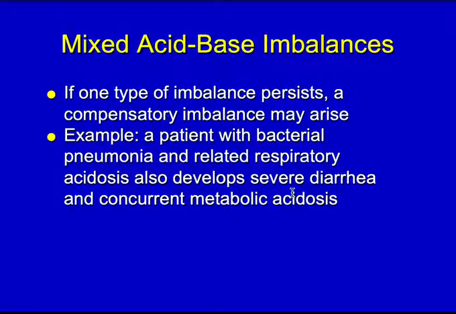Because if the CO2 is high, that means there's a lot of toxin on the CO2 side, the respiratory side. So we're thinking about respiratory. If it's too high, it's an acid. Respiratory CO2, we have a respiratory acidosis.